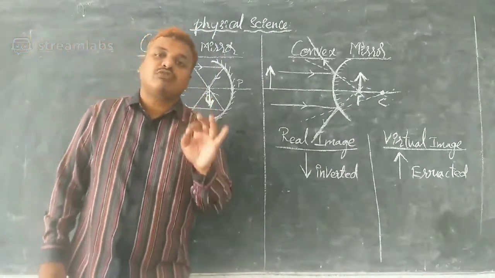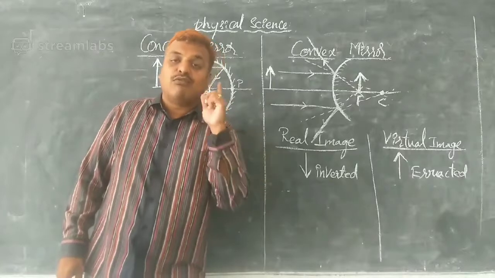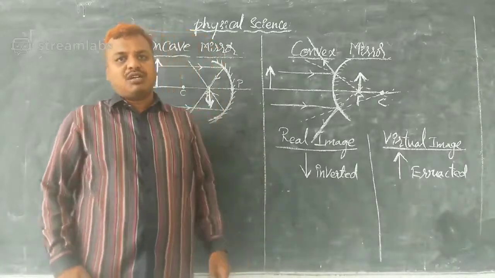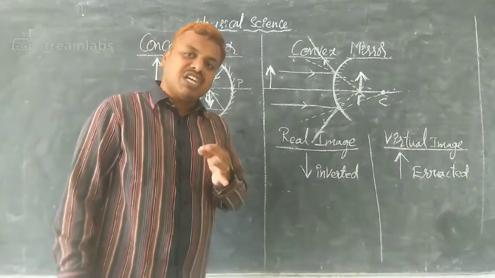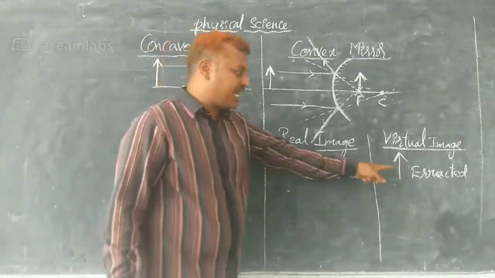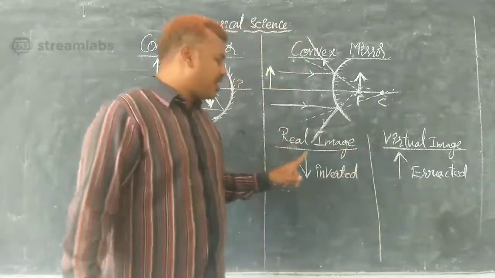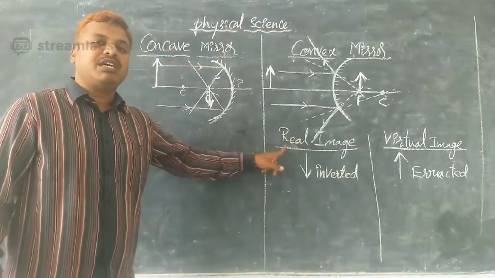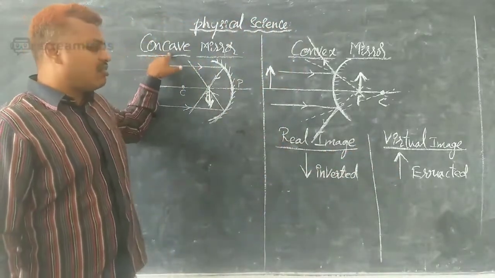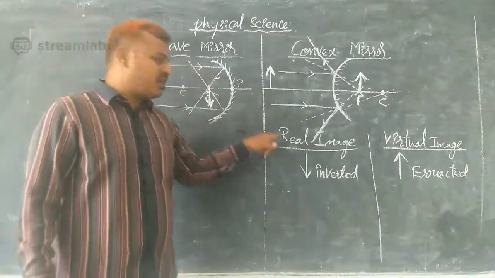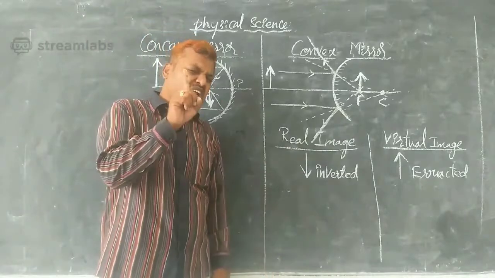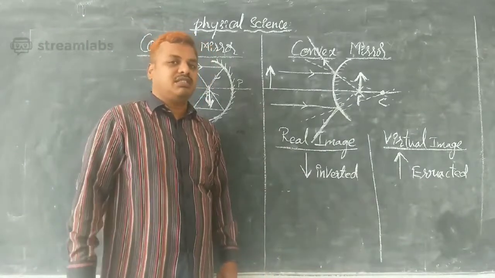Convex mirror is going to form what kind of images? Virtual image. Virtual image is always an erect image. Which one forms a real image? Concave mirror always forms a real image, but only in one condition it forms a virtual image.